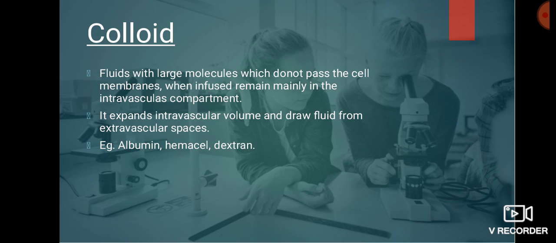While passing through the intravascular compartment, it expands the volume and draws fluids from extravascular spaces. The examples of colloids are albumin, hemacel, and dextran.